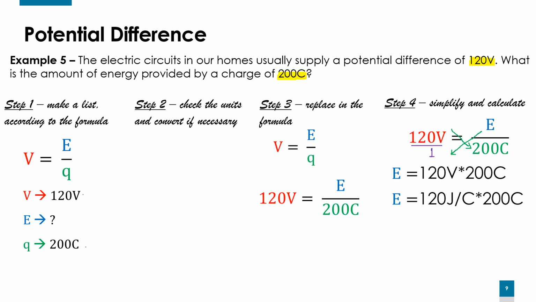V is the same as joule per coulomb. Remember that. So when I'm doing the calculation, I can cancel the coulomb here and the coulomb here. So I just have joule. So my energy will be 120 times 200, 24,000 joule.